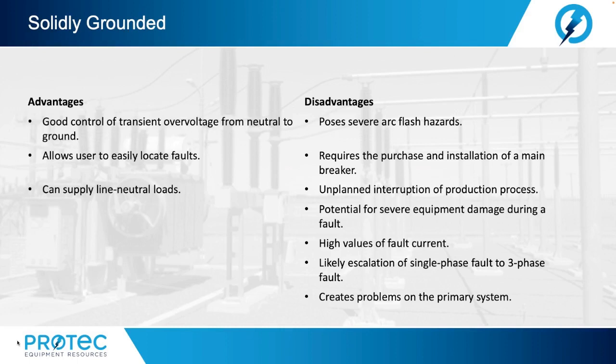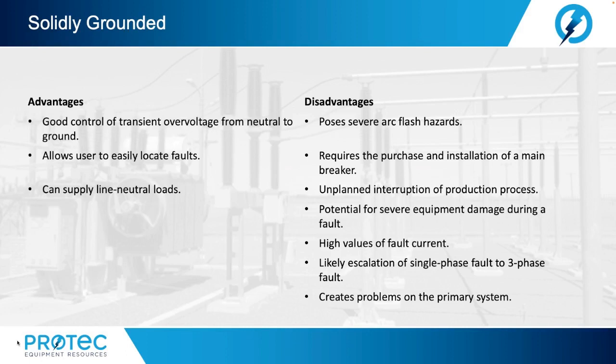All right, now let's look at the advantages and the disadvantages of the solidly grounded system. Among the advantages, good control of transient overvoltage from neutral to ground. It allows users to easily locate faults, and they can supply line to neutral loads.